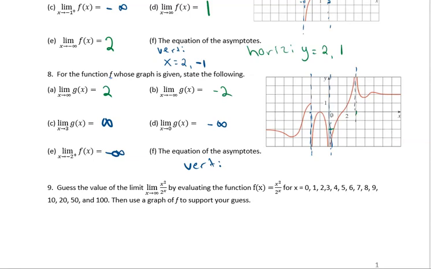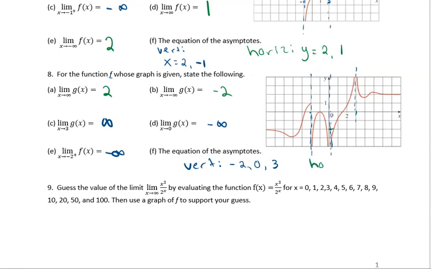And so it looks like our vertical asymptotes are going to be -2 for this one, 0 for this one, and 3 for this one. And it's okay that this part right here doesn't look like it's going to positive infinity. We have the negative infinity from the part approaching from the right. So that's okay that the part approaching from the left is not going towards infinity. It's still going to be a vertical asymptote from the part approaching from the right.